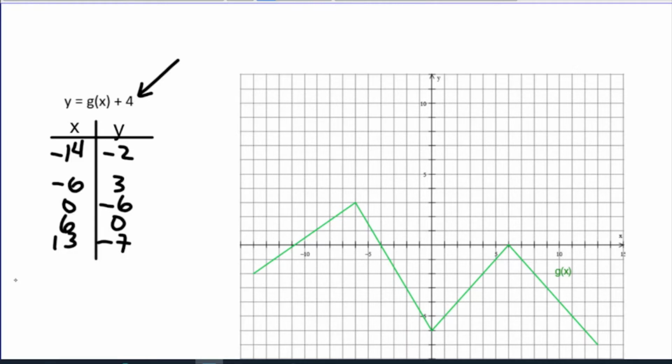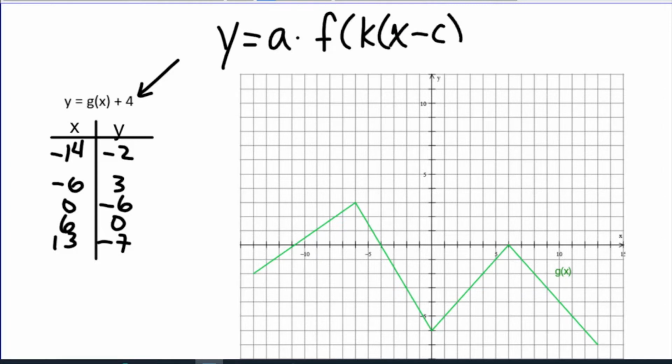Well, we know from the general equation of a transformation, which looks something like this, that the 4 is in the D position, and that D is a value that would affect the overall behavior of the Y values.